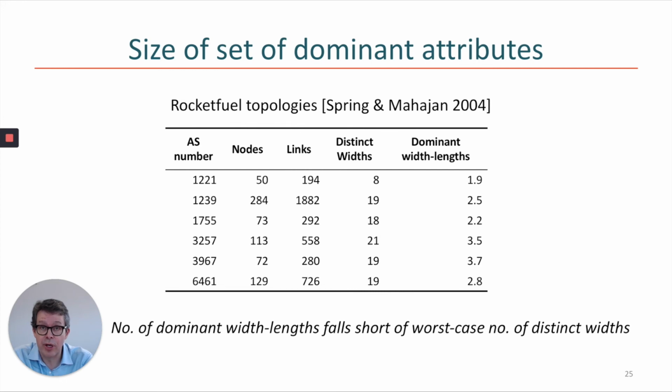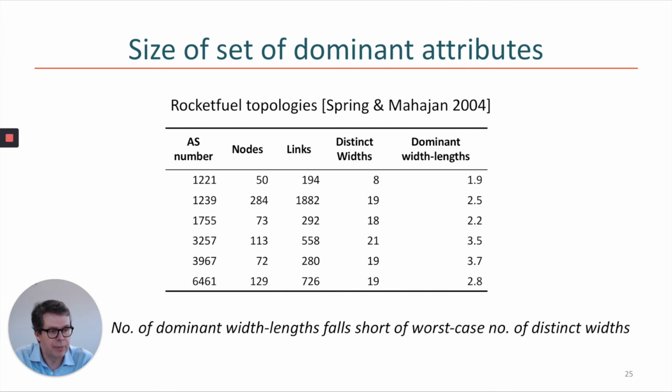Each link in every topology is annotated with a width and a length, so we consider the product order on width-lengths. The number of dominant width-lengths from source to destination is always upper bounded by the number of distinct widths in the network. And the number of distinct widths in the network is shown here on the 4th column.